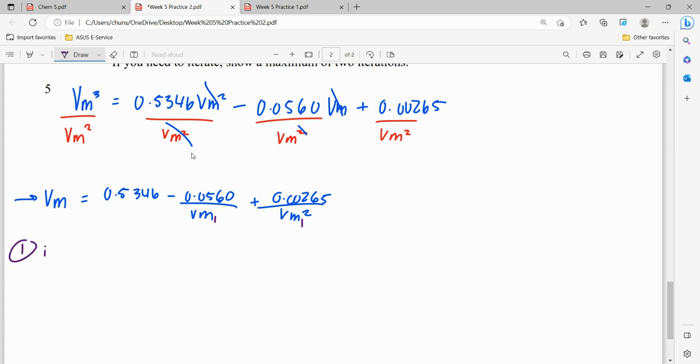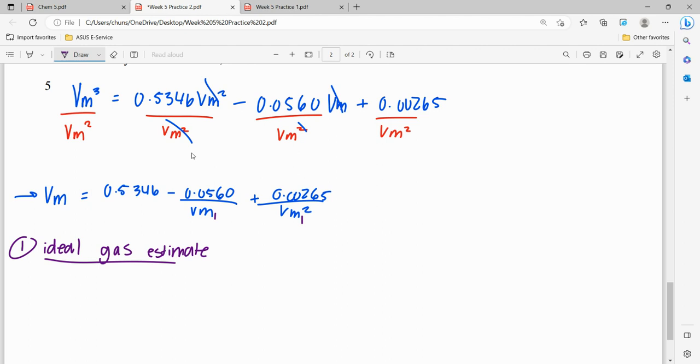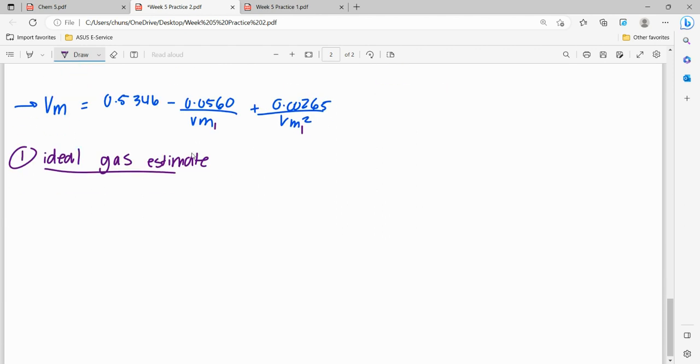So we're going to start with our ideal gas estimate.